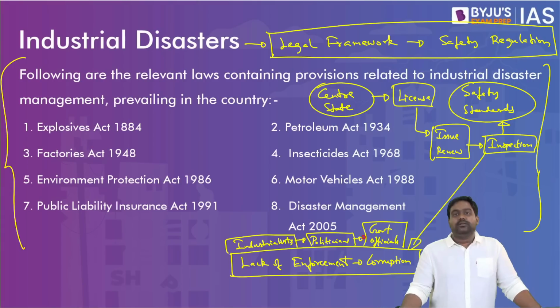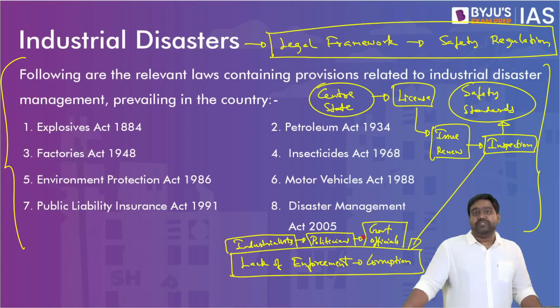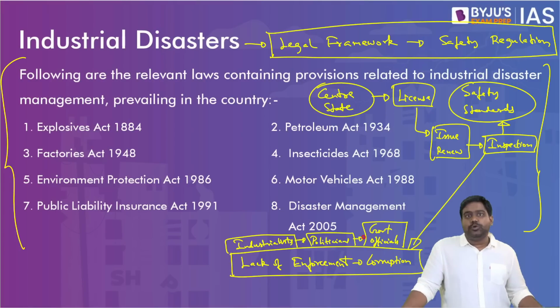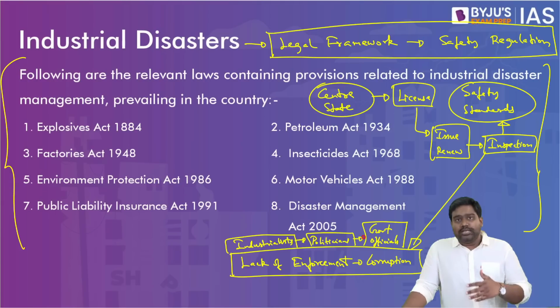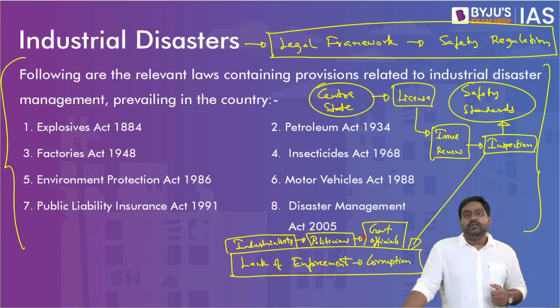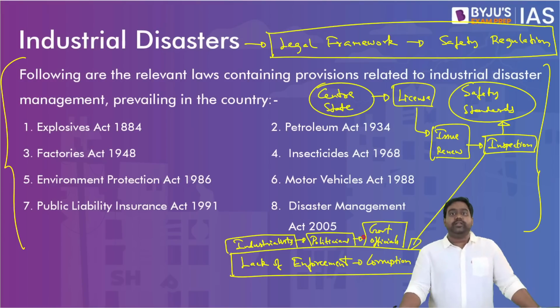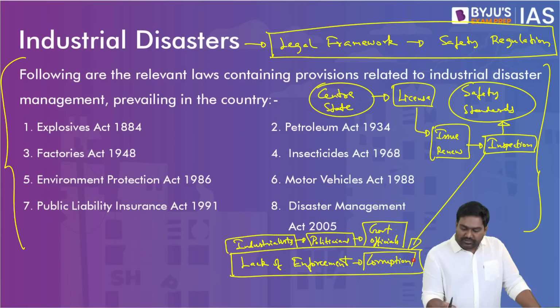Even if they are not carrying out servicing and maintenance, even if they are not replacing spare parts on time, even if they are breaching the safety standards and protocols, even if they are not giving the basic protection for their workers, still the authorities will give them licenses, allow them to continue to operate. That's a prime reason why these laws are not being enforced strictly. It's due to corruption at the ground level.